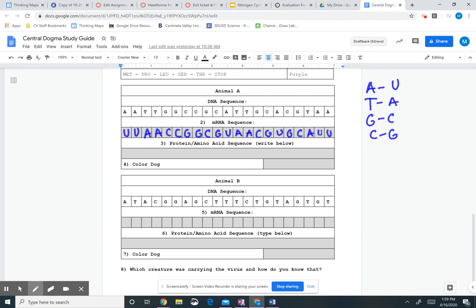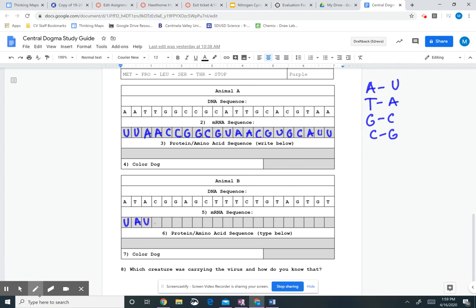And you're going to do the same thing on the bottom. So you write down the letters. Let me grab the eraser. That was really sloppy.